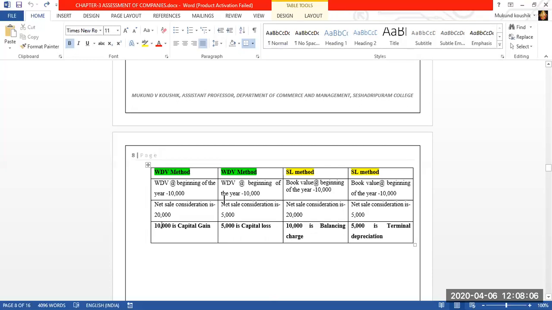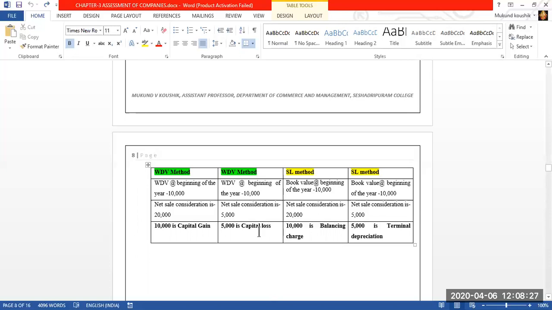Now look at the second example, where the written down value or book value at the beginning of the year of a particular asset is 10,000. Let us assume the asset is now sold for 5,000. That means the company is incurring a loss of 5,000, and this loss is considered as capital loss.